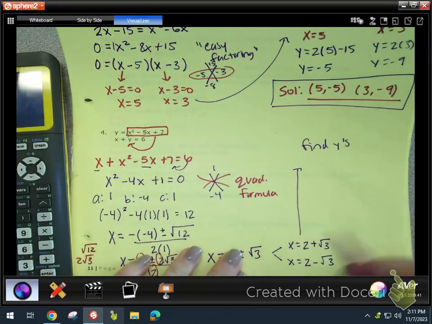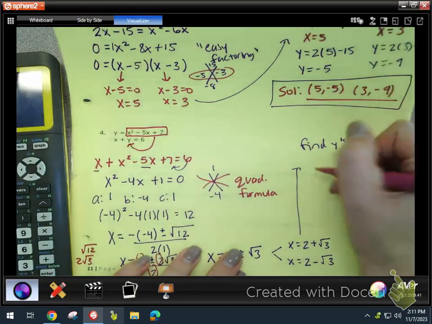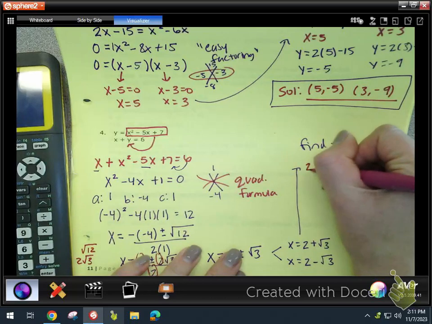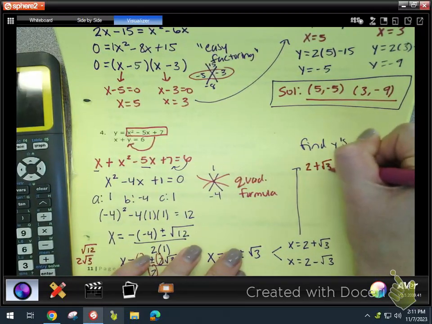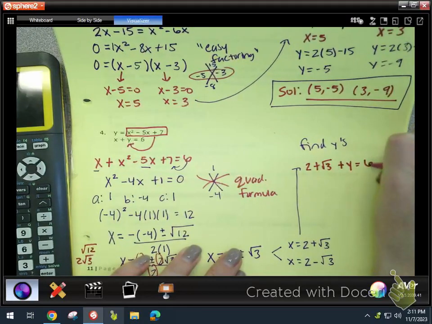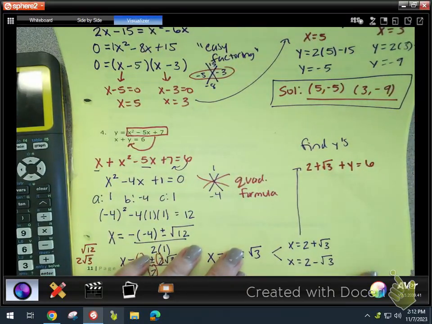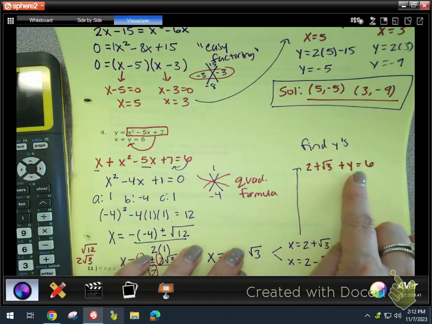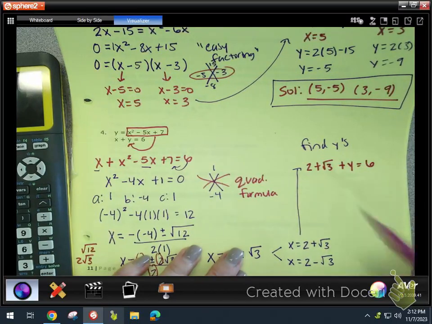Okay, let's do the 2 plus square root 3. So the first one will be 2 plus square root 3 plus y equals 6. Make it easy on yourself, go into the linear equation. You're trying to find y. What do I have to do? Move some stuff.